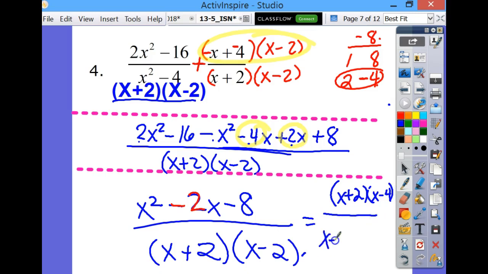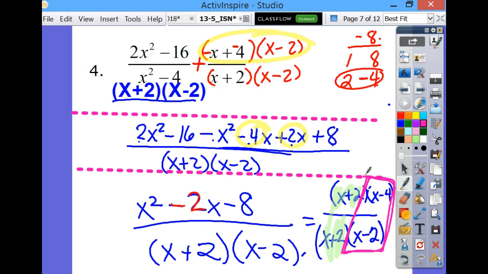This is already factored, I should say. Then what's going to happen to the x plus 2? That's going to cancel with that term. X minus 4 over x minus 2 is going to be your final answer.